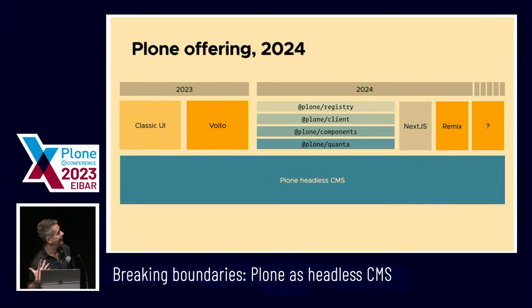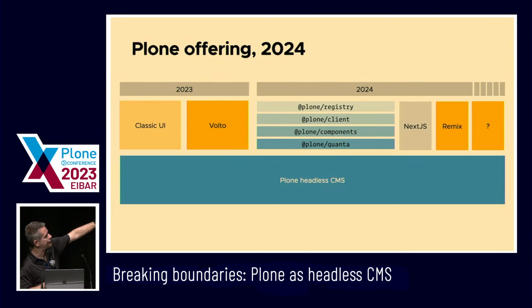So we will end up with this landscape, right? The Plone offering, 2024. I put a year on here. Could be that it happens, or doesn't happen next year, but I'm confident that we could do that, right?